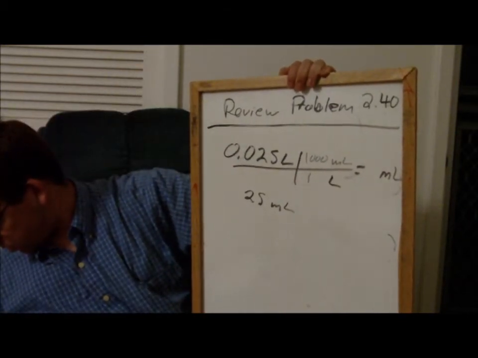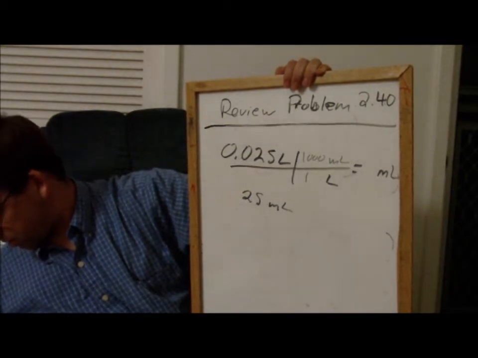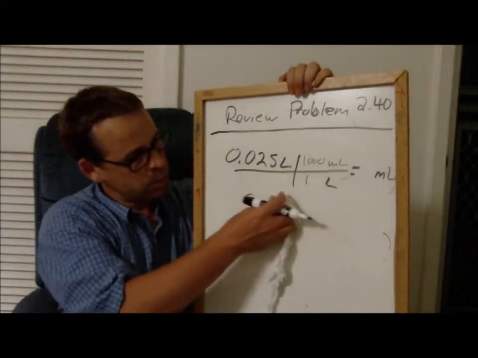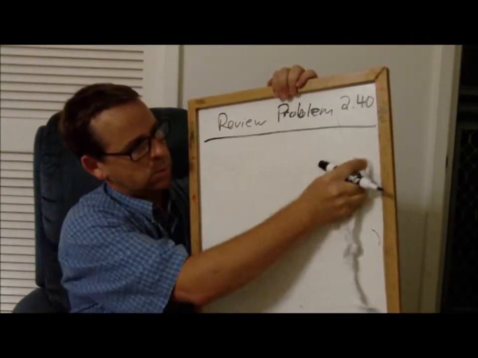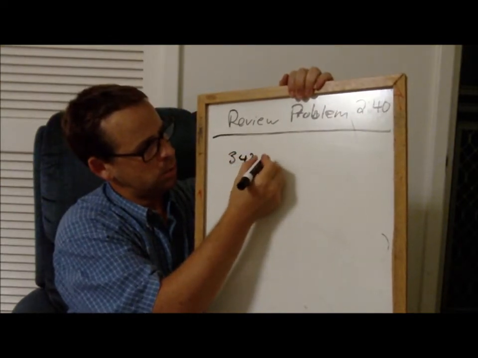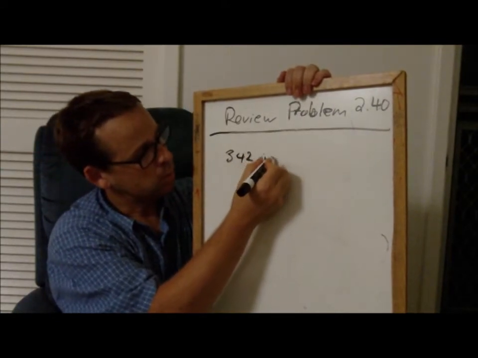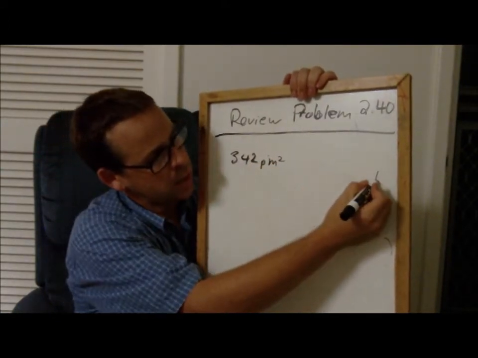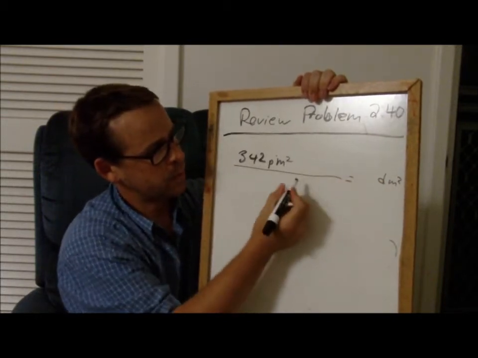All right, 342 picometers squared to how many decimeters squared? And how many decimeters squared is that? All right.